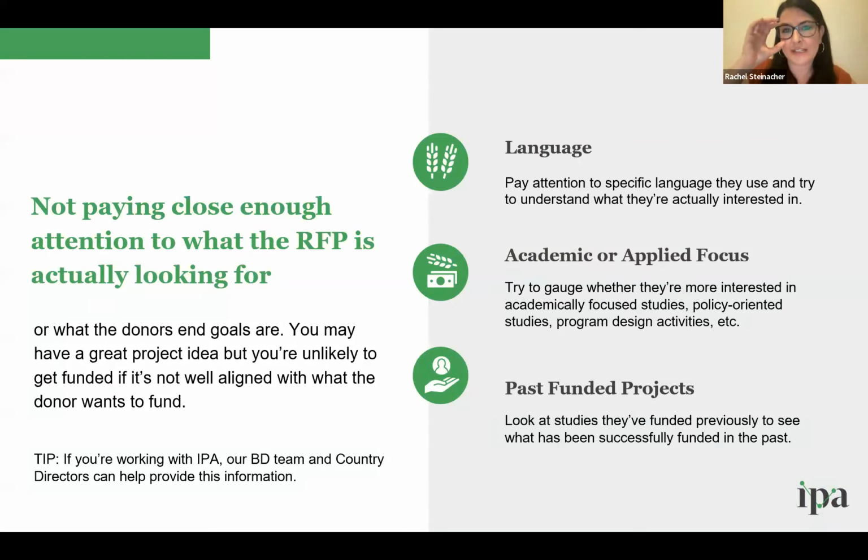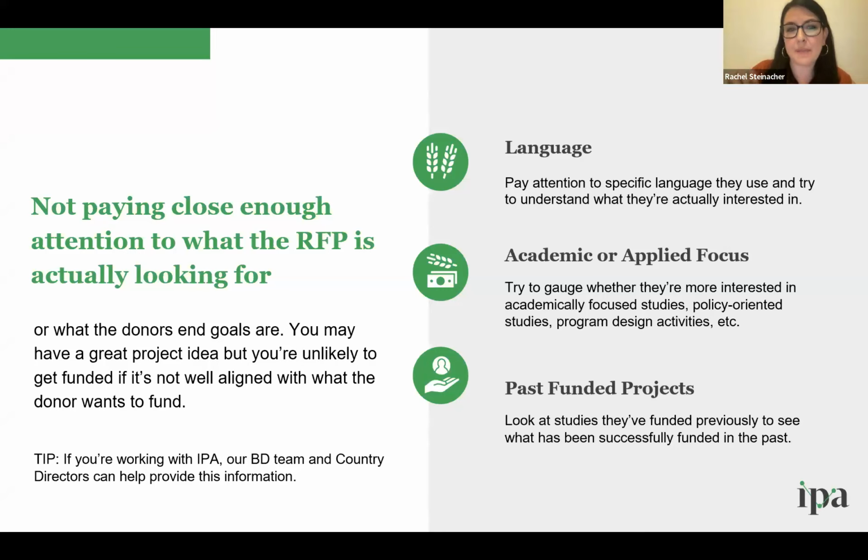So what we mean by that is someone has read an RFP, an open funding call, gotten really excited and thinks their project could be a great fit, but then you read it again more closely and come to understand the donor's really looking for something else, maybe a slightly different research topic to be investigated, maybe a different methodology to be used, maybe a different output.